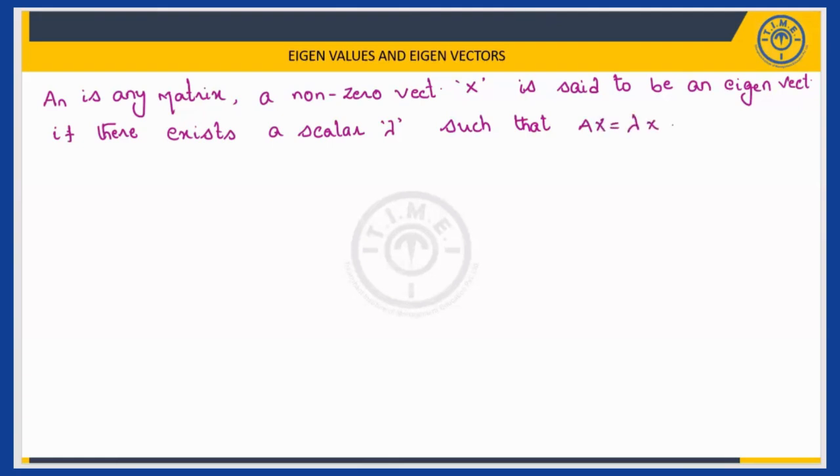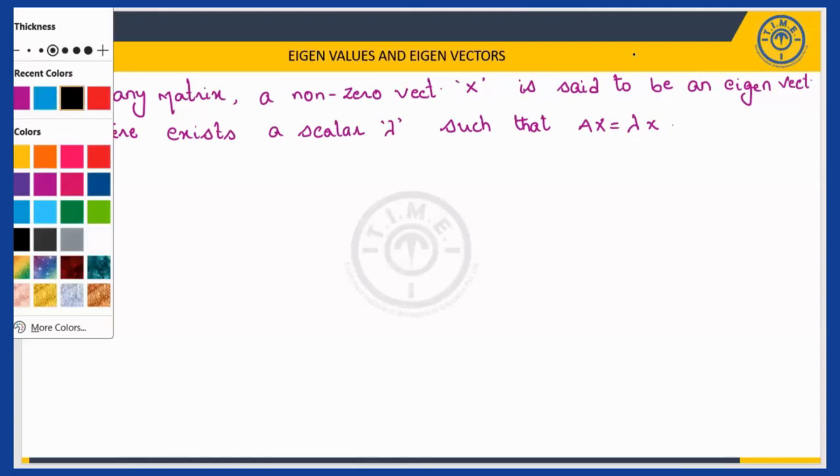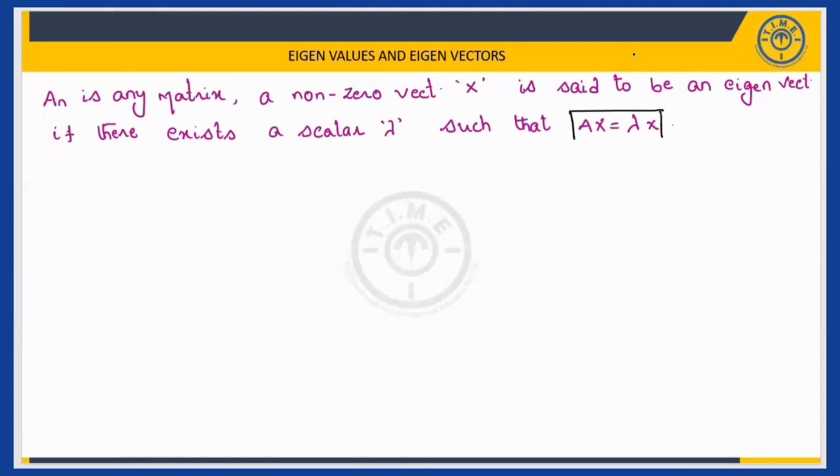Then this lambda we call an eigenvalue. Lambda is the eigenvalue and x is the eigenvector. And always remember, the eigenvector is a non-zero vector. There is no chance that the eigenvector is zero.